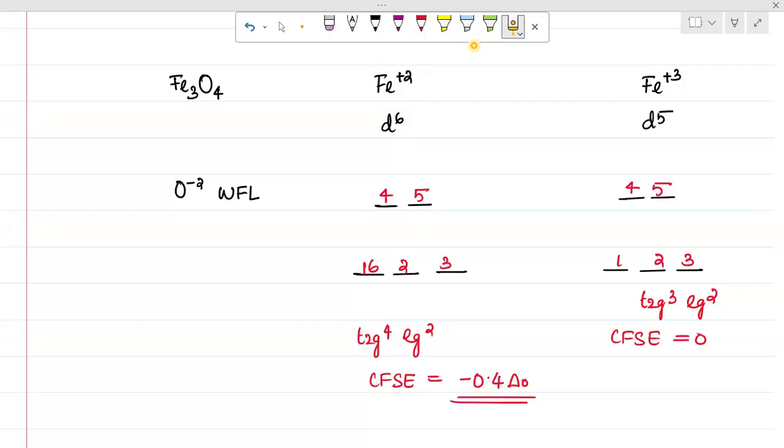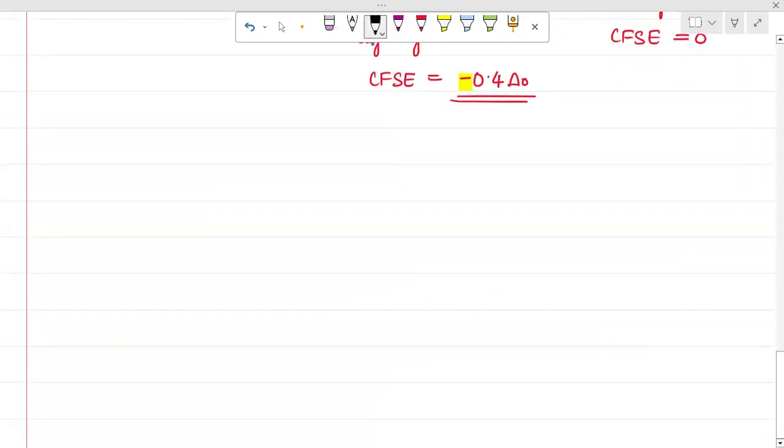Because if you put Fe+3, your CFSE is 0, no stability. Here, you have got -0.4 units of stability for Fe+2. That means Fe+2 will go to octahedral geometry.